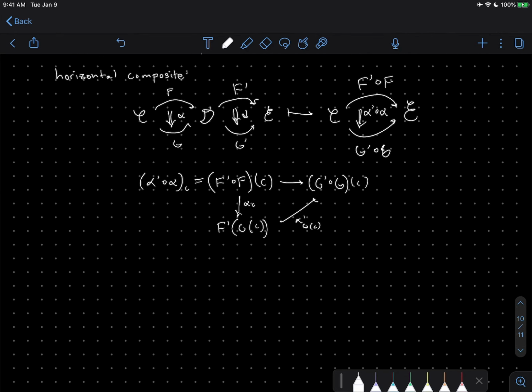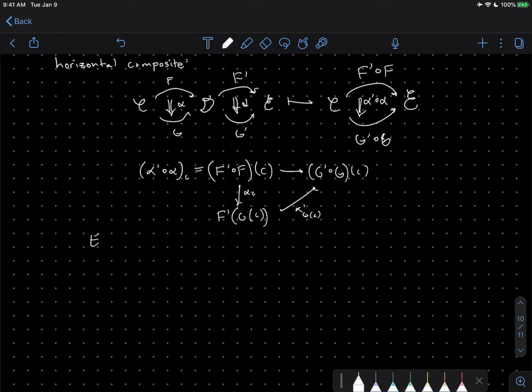Great. So that's the horizontal composite. Again, an exercise is to verify that this works.